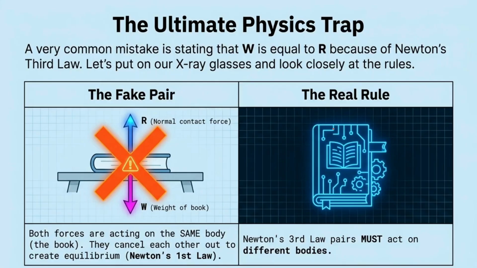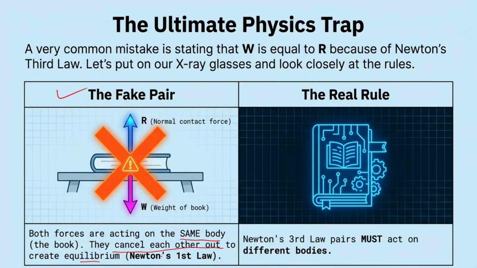So let's find out. I understood what the trap is over here. Many students say that this is the pair, but it is not. As I illustrate over here, both forces are acting on the same body and they cancel each other, and the book is in equilibrium.